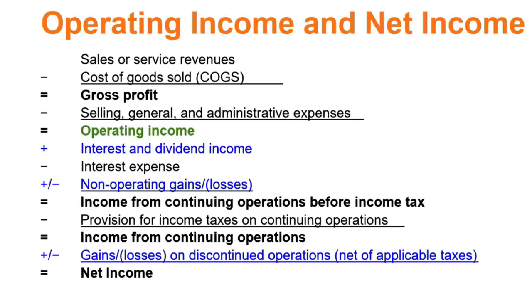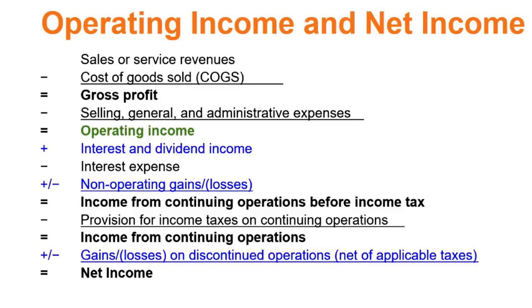We then add or subtract, if there are any, gains or losses on discontinued operations. There may not be any. Okay? For a lot of companies in a lot of years, there aren't any discontinued operations. But if there are, we have a distinction then between income from continuing operations and net income. And these gains or losses on discontinued operations, again, are not part of operating income, but they are included in the calculation for earnings before interest and taxes.